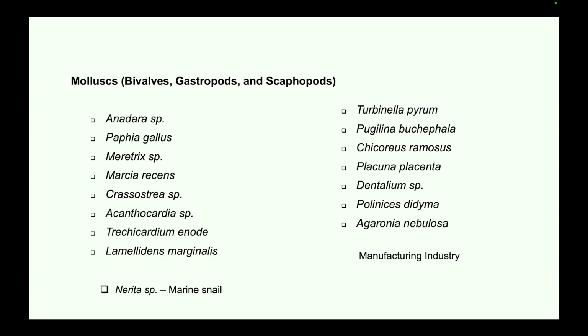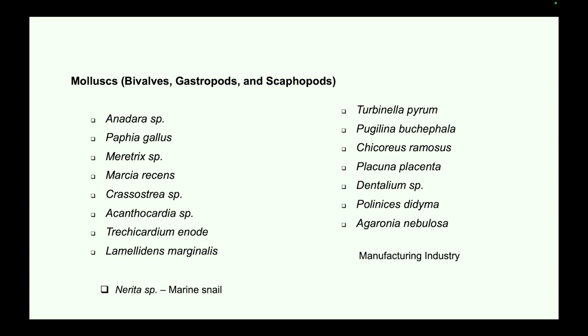These molluscs are very important in terms to understand the economic contribution towards the Harappans, because these shells were used for the manufacturing industry by the Harappans. They made different kinds of small tools and pendants and different bangles from these molluscs or these shells. So these are very important in terms to understand the manufacturing industry.